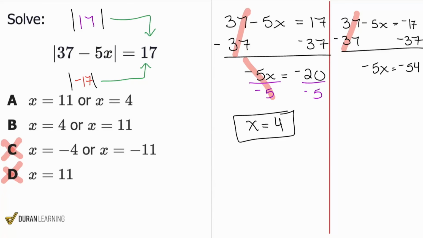And from there, my party people, what we're going to do to wrap things up is divide both sides by the negative 5. And we're set. So here that cancels out, leaving us with x. And then negative divided by a negative is a positive. And then we have 54 divided by 5, which is almost 11. That is exactly 10.8.